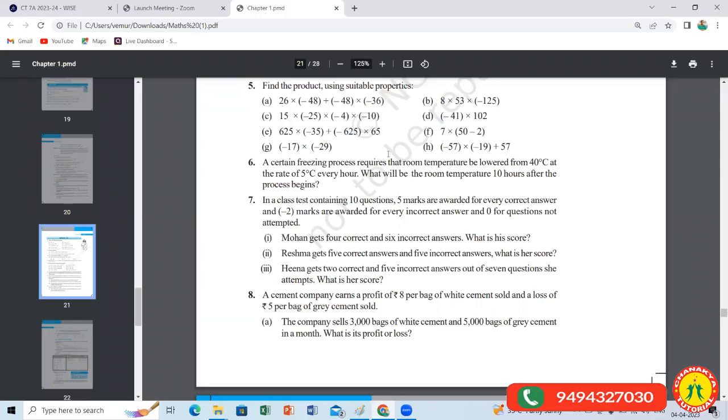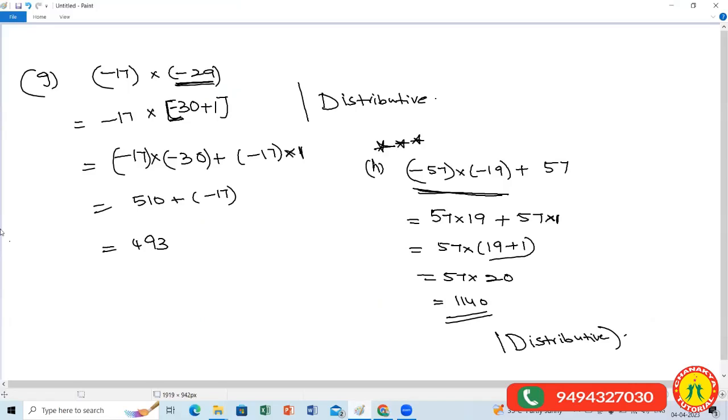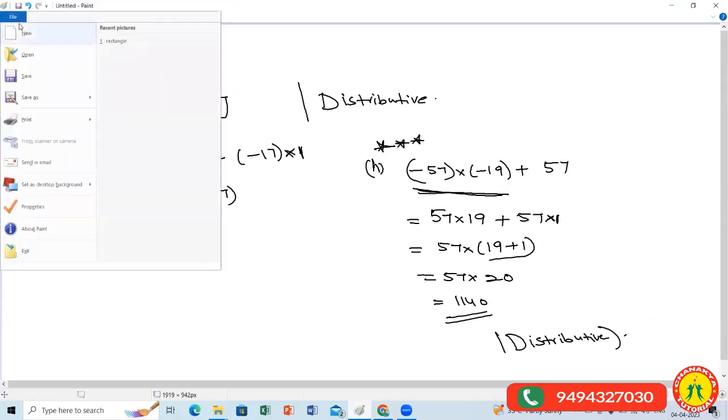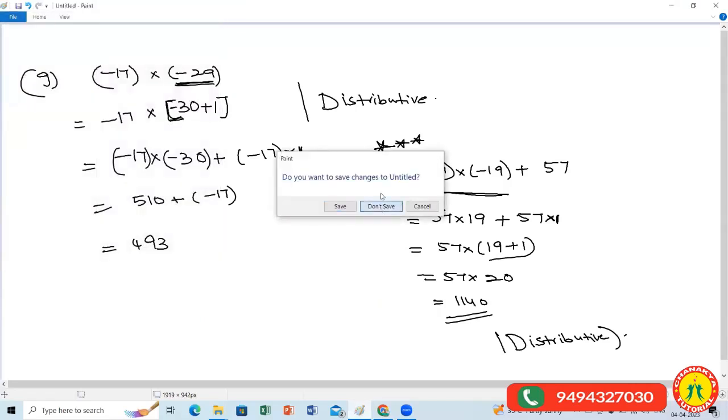So what is the initial temperature of the room right now? 40 degrees Celsius? Yes. Room temperature is equal to 40 degrees Celsius.